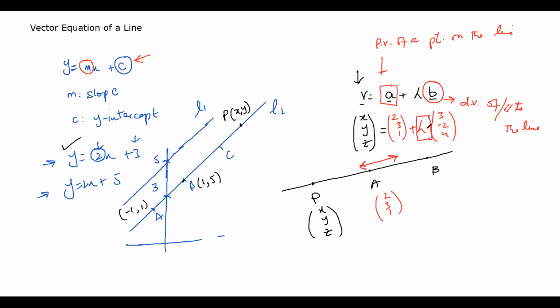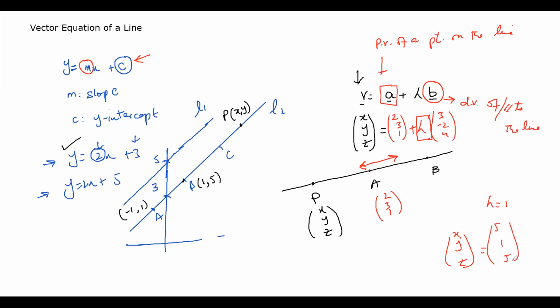For example, if you put lambda as 0, what will happen? You will be left with 2, 3, 1. So this point is already on this line, okay? If you put lambda equal to 1, then x, y, z will be equal to 2 plus 3, it is 5, 3 minus 2 is 1, 1 plus 2 is 3.